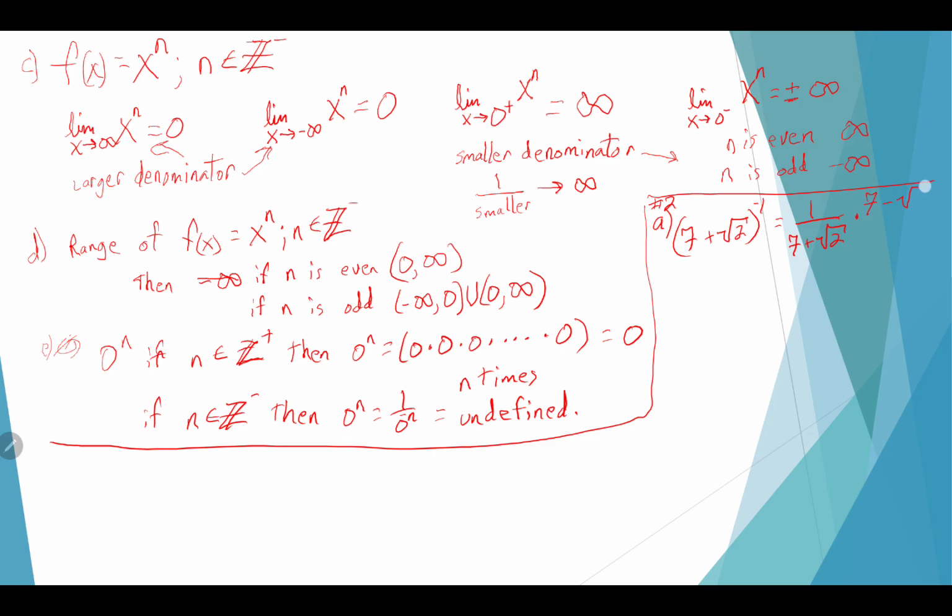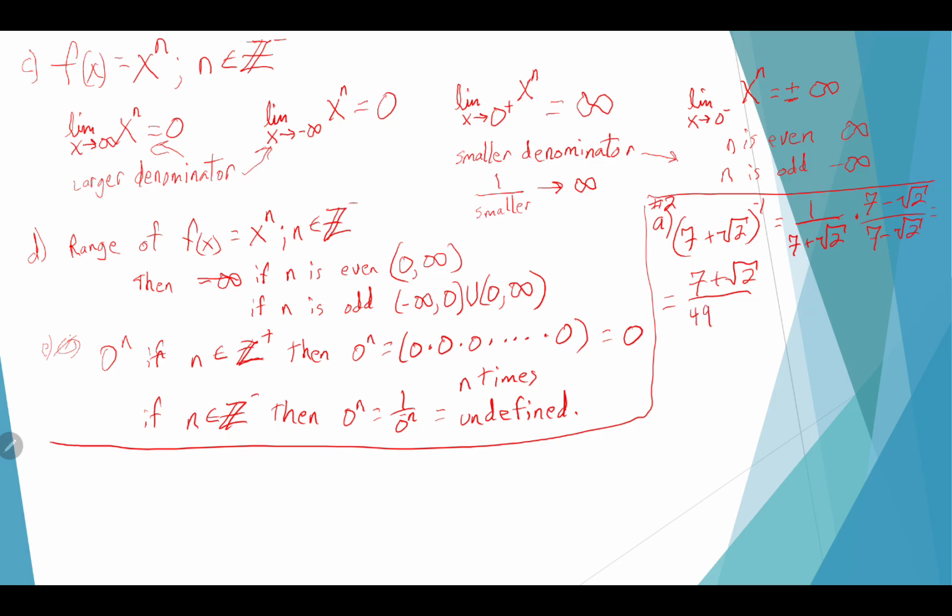7 minus square root of 2 over 7 minus square root of 2. So basically I'm going to times it by 1. So 1 over 7 plus square root of 2 times 1 is equal to, right, because that's all I'm multiplying it by. I'm multiplying it by 1. So I can have a new way to write it. So what do I have? Well, I have 7 plus square root of 2 over 7 times 7 is 49.